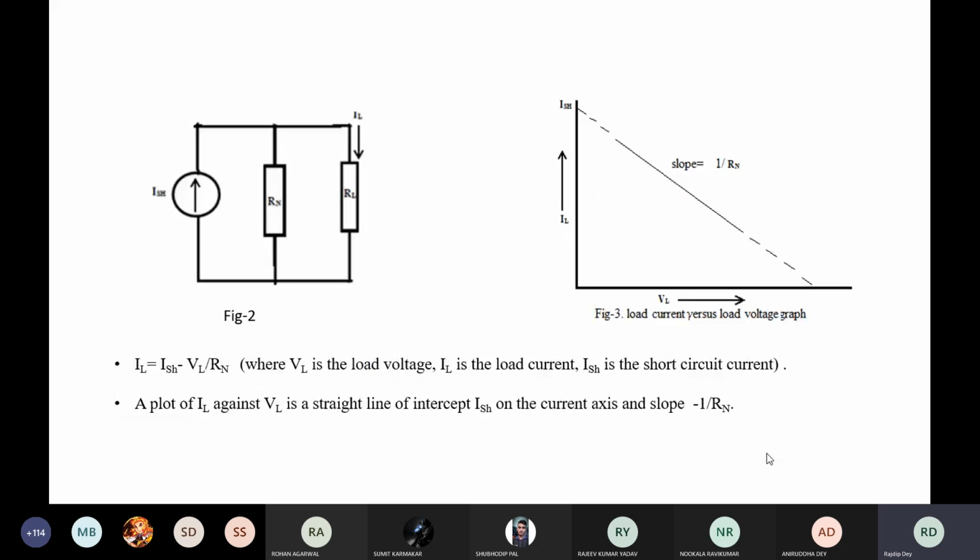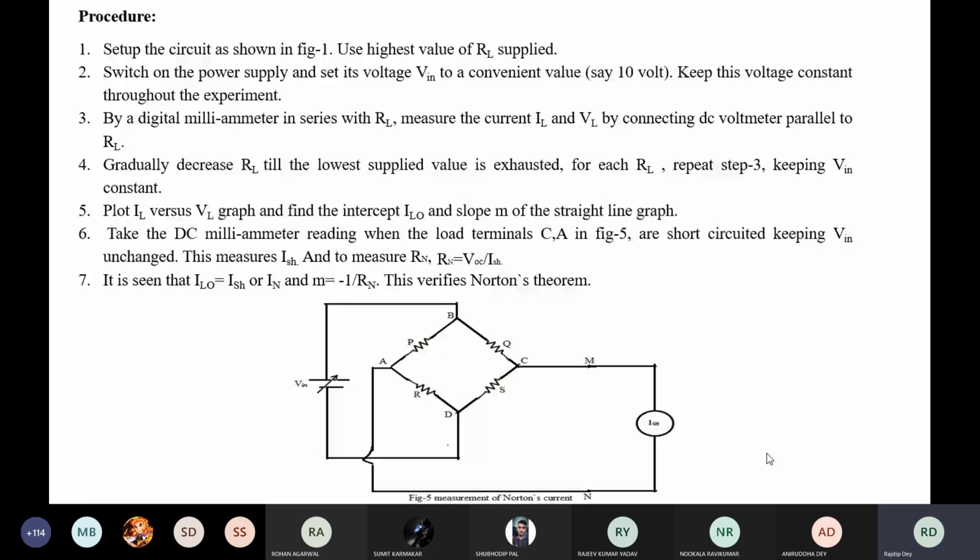So you can see these are the procedures. I'll just discuss them one by one. First, we have to set up the circuit as shown in figure 1. That means the bridge circuit. We can go for either the highest value of RL or the lowest value of RL, and move from there to another value to get different VL and IL, right?